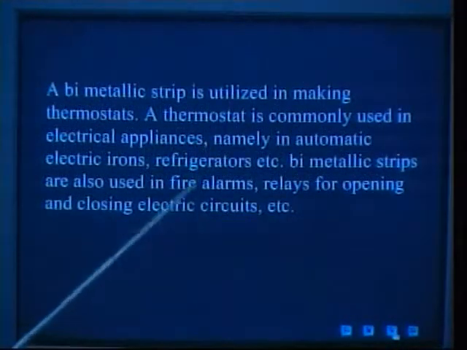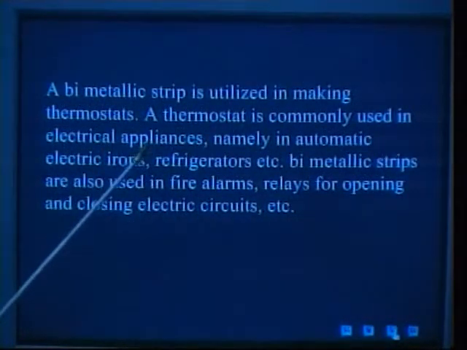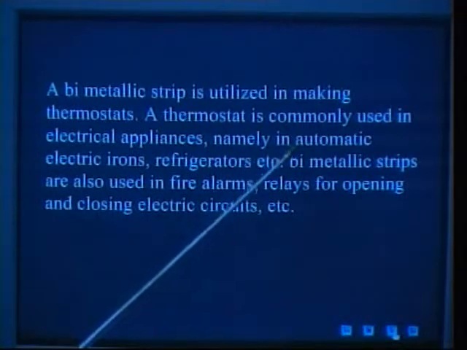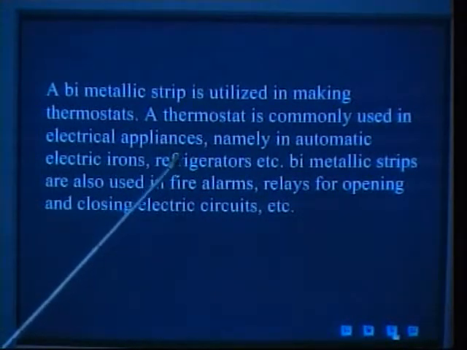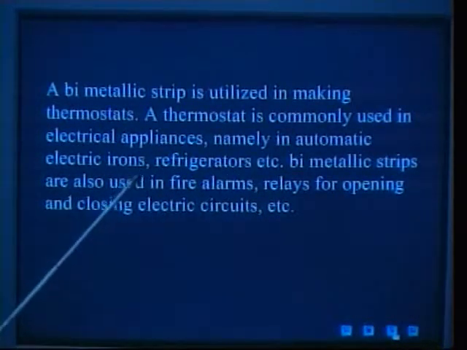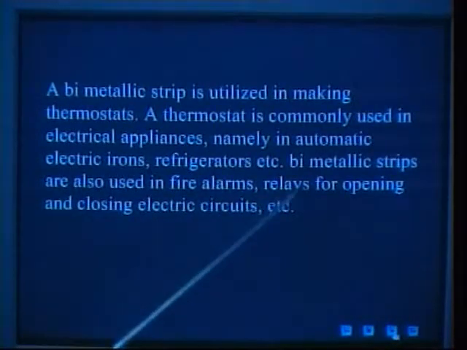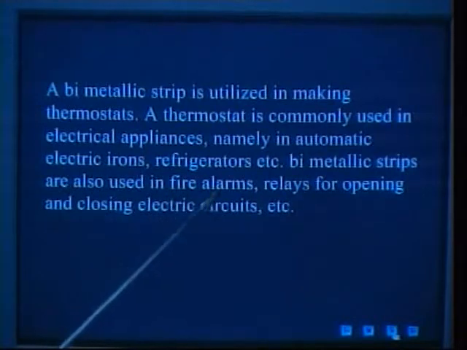These bimetallic strips are utilized in making thermostats. A thermostat is commonly used in electrical appliances, namely automatic electric irons, refrigerators, etc. Bimetallic strips are also used in fire alarms and relays for opening and closing electric circuits.